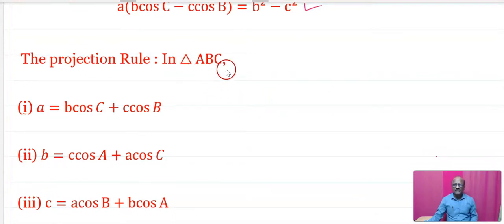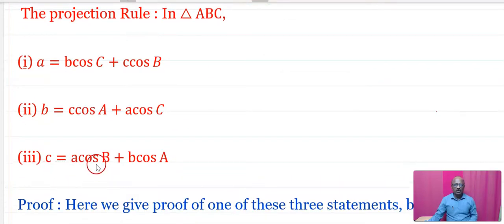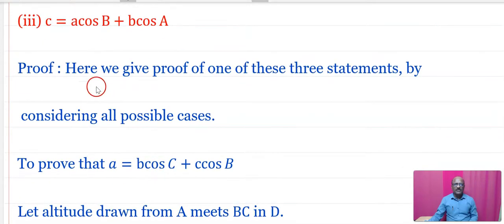Now the projection rule. In triangle ABC, a is equal to b cos C plus c cos B, b is equal to c cos A plus a cos C, and c is equal to a cos B plus b cos A. And here we give the proof of one of these three statements by considering all possible cases.